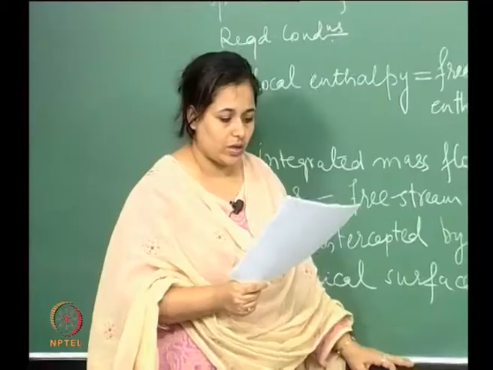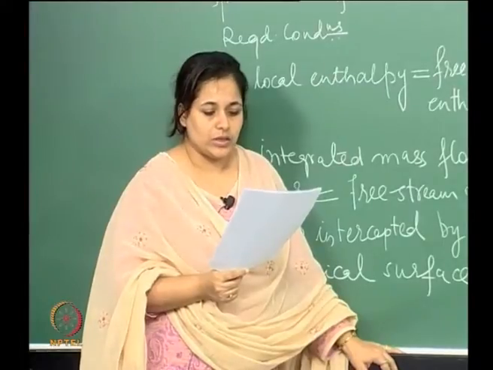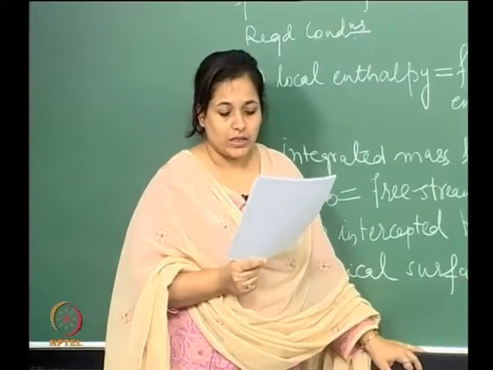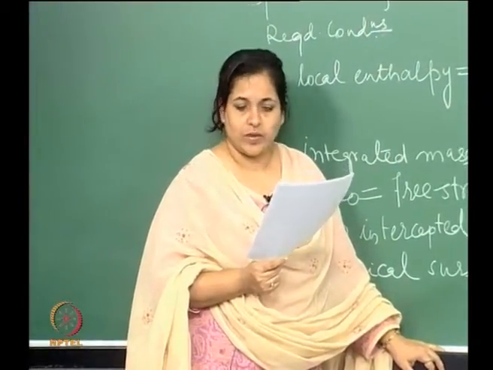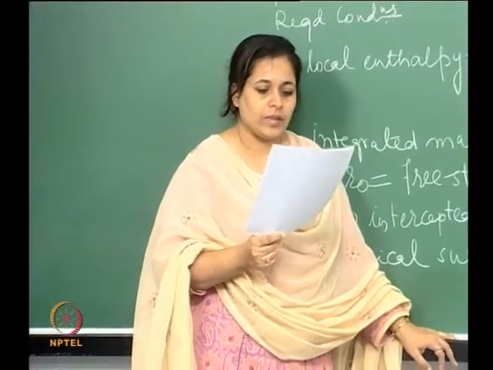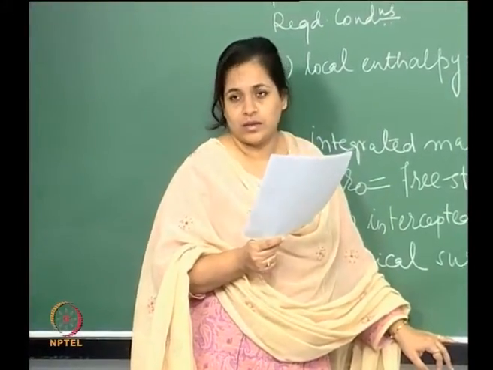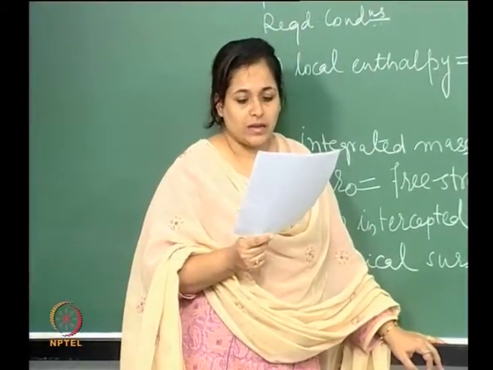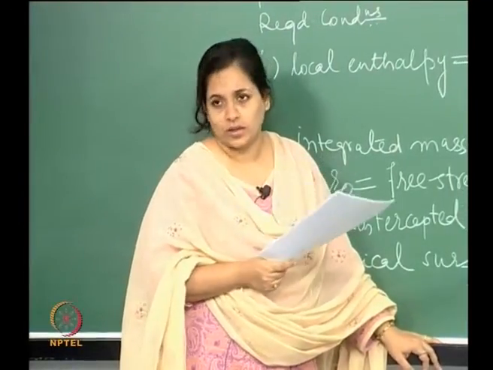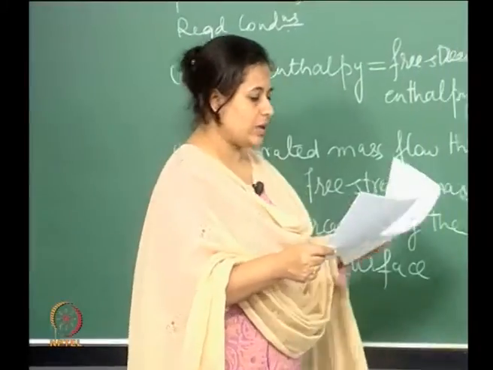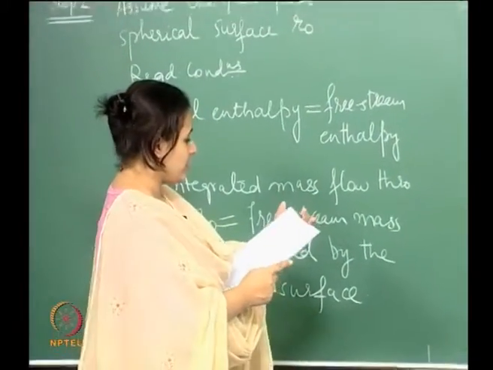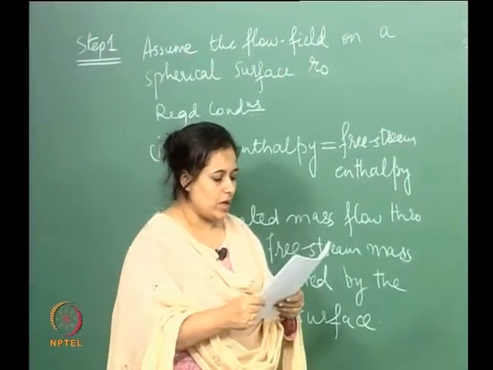If you look at your governing equations, they consist of derivatives. For example, del v phi, del phi, del v r, del r, then del V r del phi, and so on and so forth. Now we know the flow field at r equal to r naught.